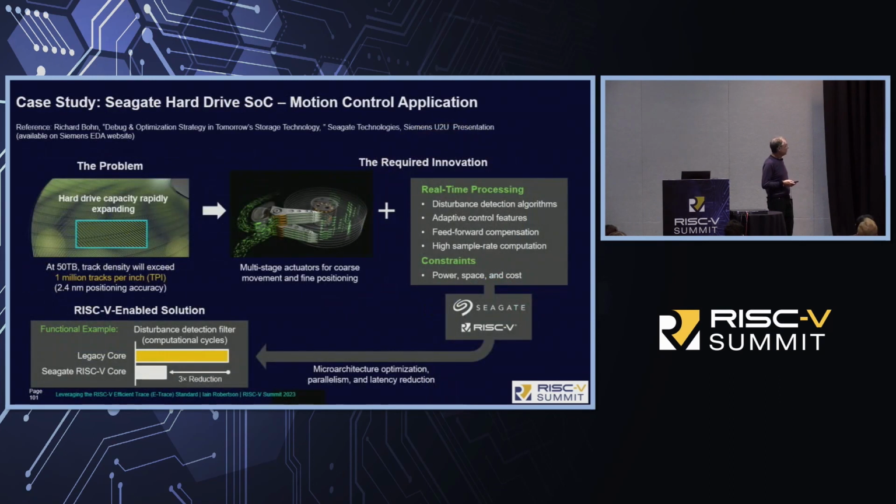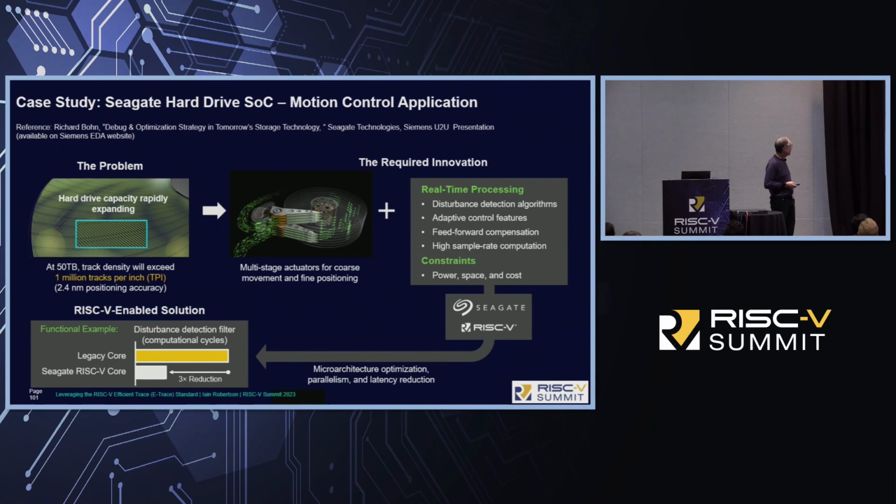So, an example of how trace could be used, a practical example. This came from a paper that Richard Bond from Seagate gave at the Siemens user-to-user presentation earlier this year. I stole this from Richard. Thank you, Richard.